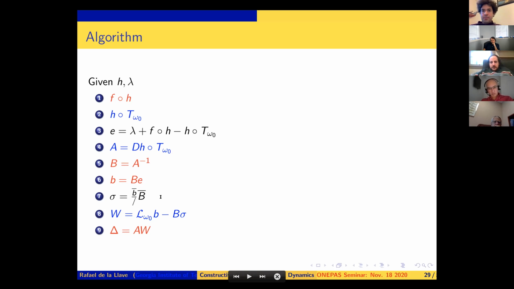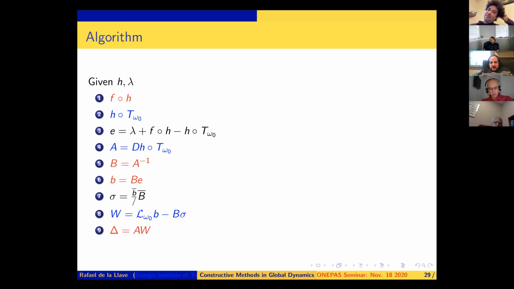Now, this is a very interesting algorithm, and basically it is what I described in words. But I am being very explicit now, and I just point out that this has 9 steps. For the people that are colorblind, I apologize, but some steps are color-coded in red and some steps are color-coded in blue.